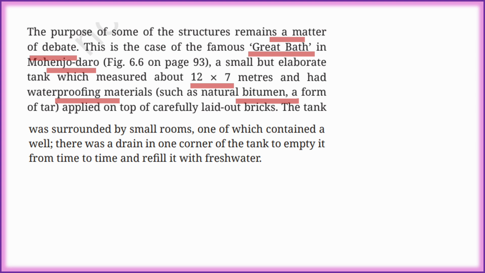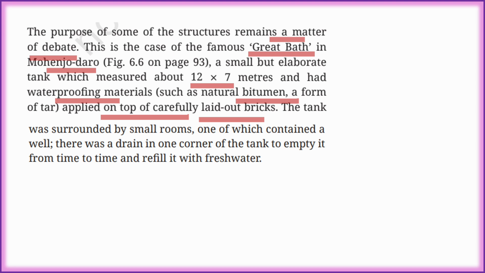The tank was about 12 meters long and 7 meters wide, and had waterproofing material such as natural bitumen, a form of tar, applied on top of carefully laid out bricks. They used waterproof materials like tar, bitumen, a form of tar, to make sure water did not leak.